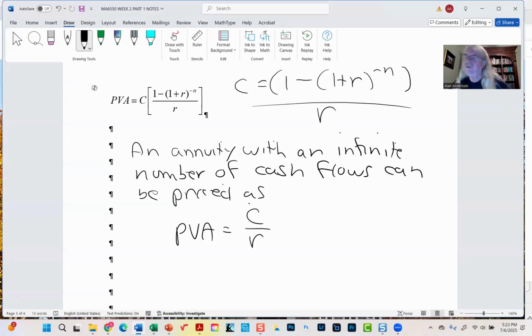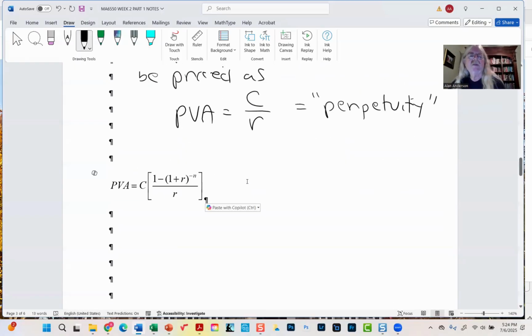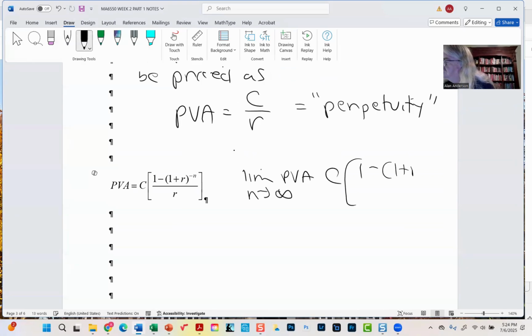So this type of annuity is referred to as a perpetuity, because you can see the word perpetual hiding there. And the reason for that is because what we're actually doing here is taking the limit of this case when n goes to infinity. This goes to zero, and we're left with C over r.